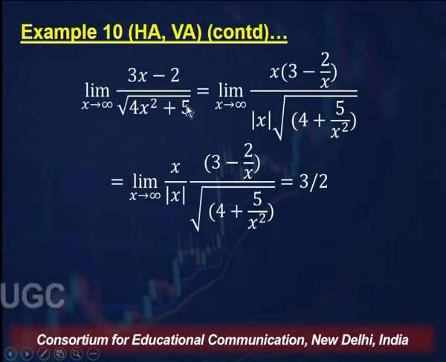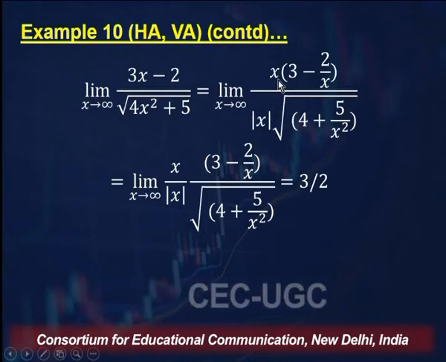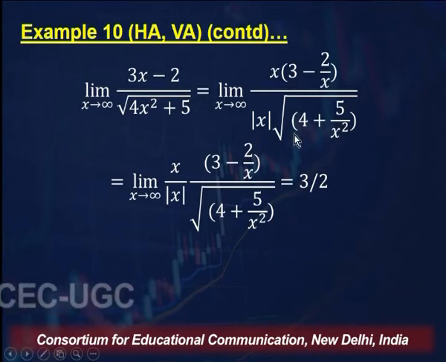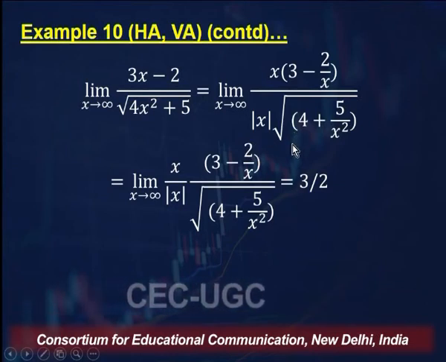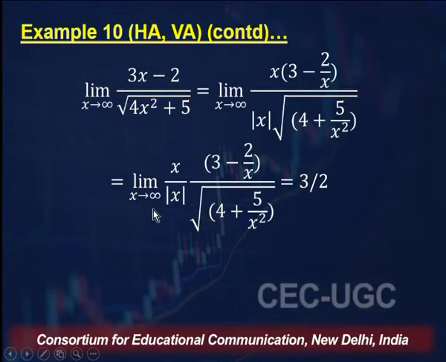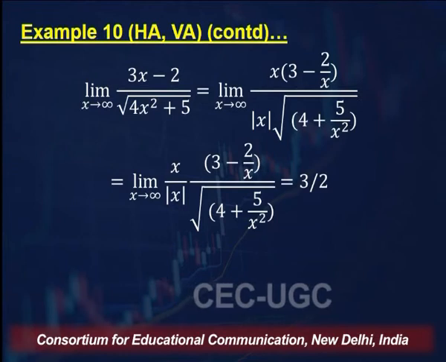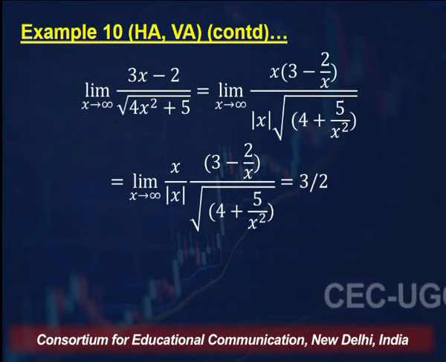So in this case, you have the limit of the function as x tends to infinity being expressed as x times (3 minus 2 by x) divided by mod x times square root of (4 plus 5 by x squared). Now note here that because x is tending to infinity, it is growing without bound, but it's still positive, right? Because it's heading to positive infinity.